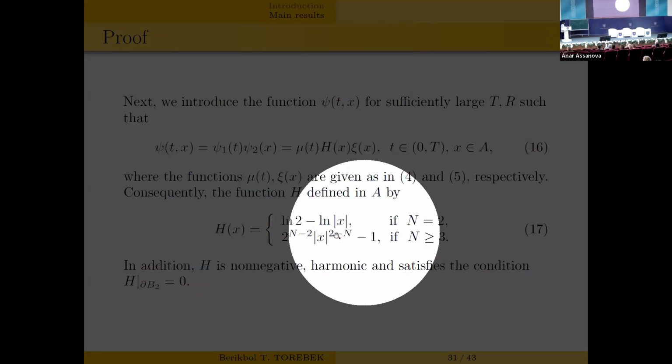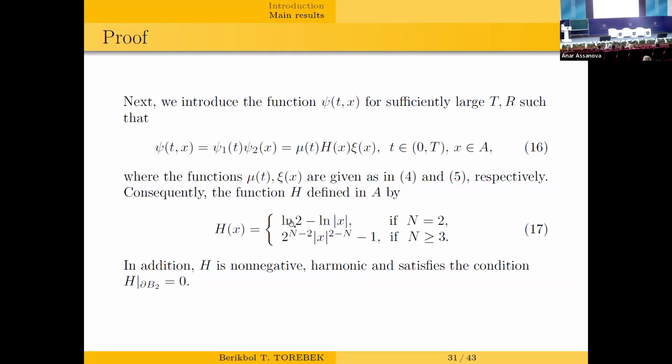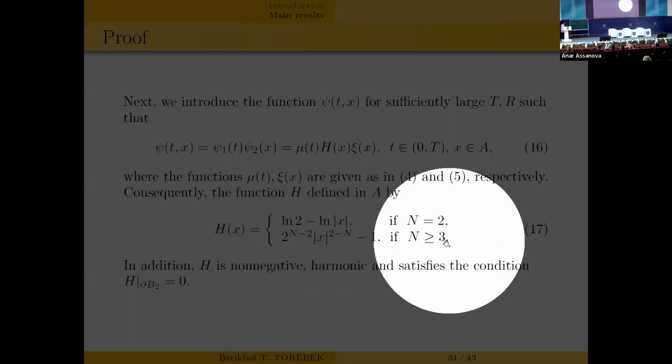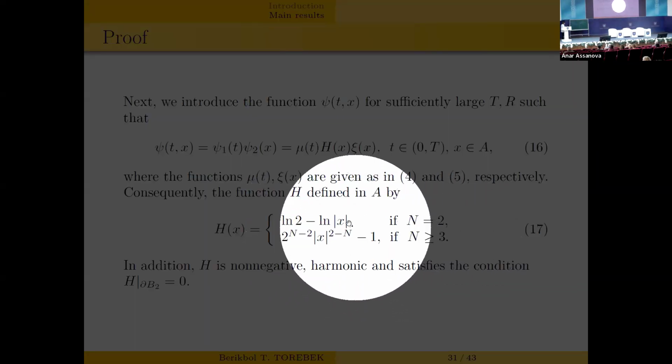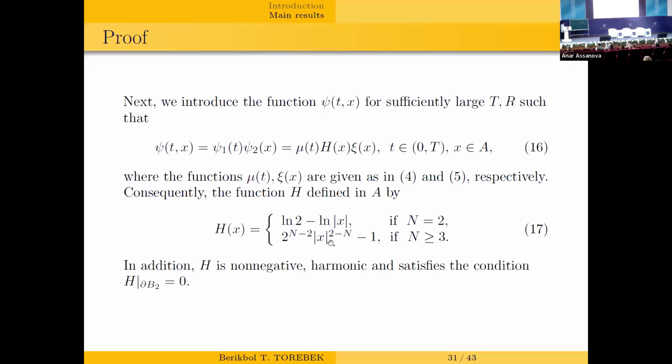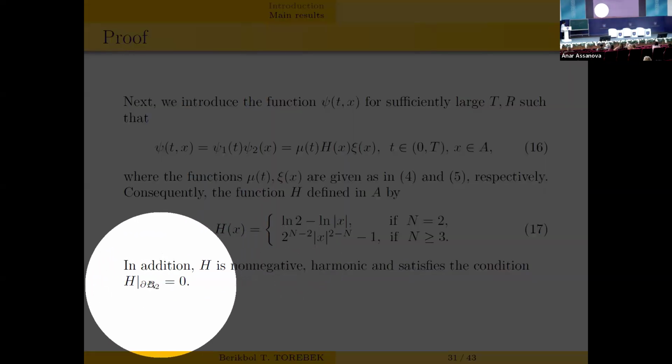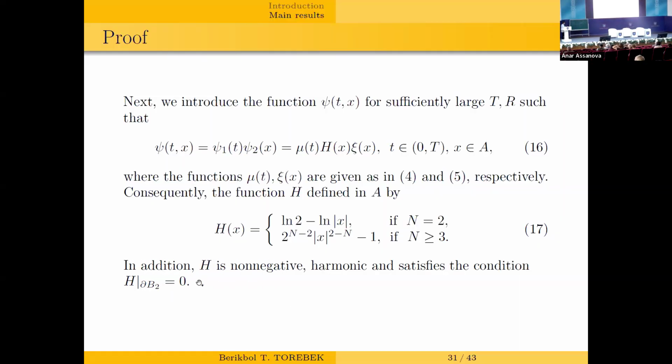In the two-dimensional case, it can be defined by a logarithmic function. And starting with the three-dimensional case, it can be written by this expression. From here, this harmonic function is non-negative. It is harmonic and satisfies the Dirichlet boundary condition on the boundary.